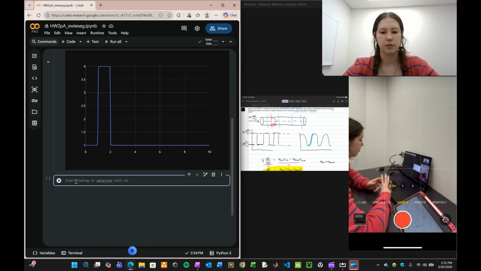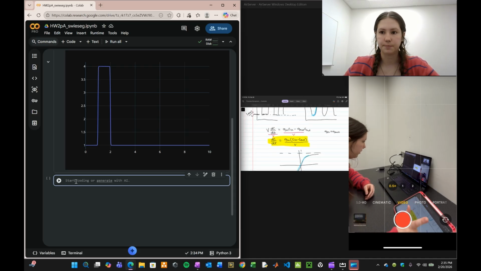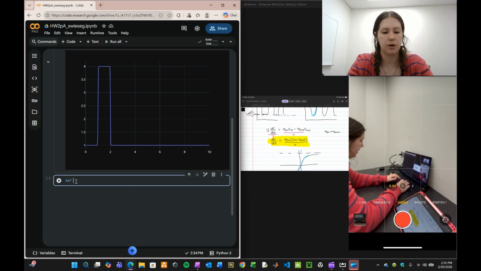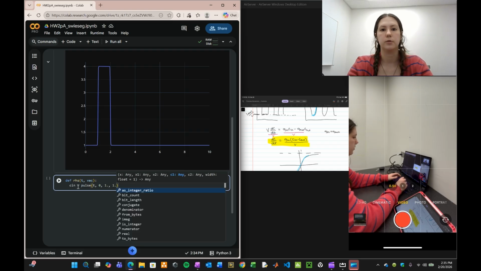All right, so now we want to solve this balance that we came up with earlier. So we want to define our right-hand side, and we'll do T for time and vec. And we want our Cn to be equal to our pulse function, and then we want T instead of X, and we want it to go 0.1 at 0, 0.2 at 1, and then we want the concentration at 1, we know, to be 1 mole per liter.